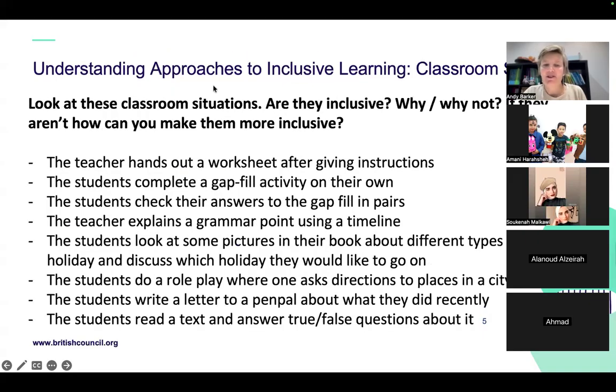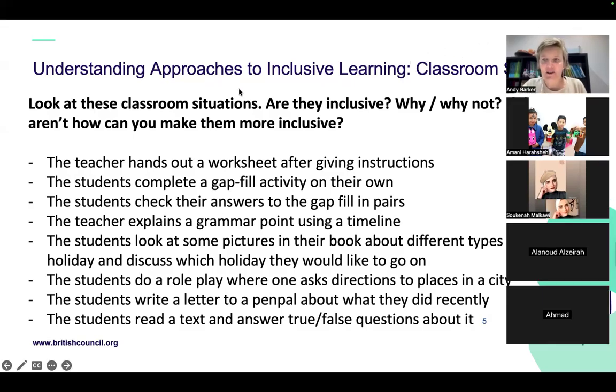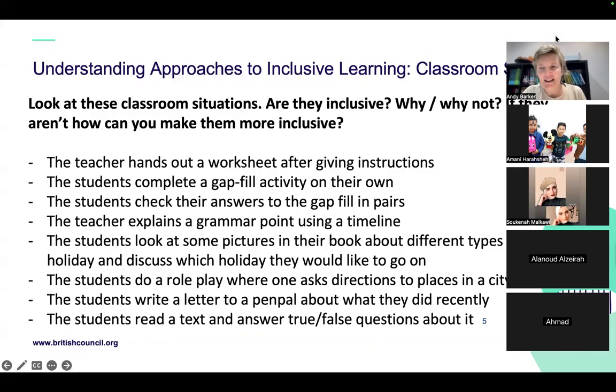So I want you to look at this. It says understanding approaches to inclusive learning, classroom situations. So look at these classroom situations. Are they inclusive? Why? Why not? If they aren't, how can you make them more inclusive? Let's look at the first one.